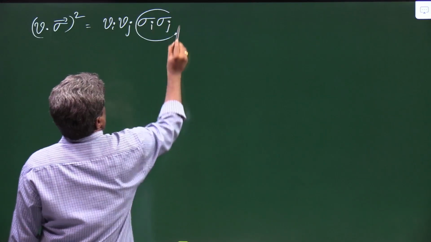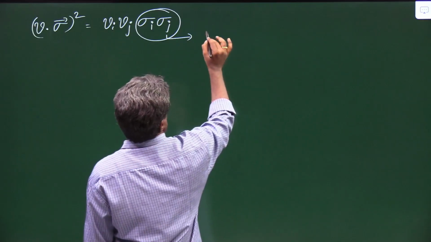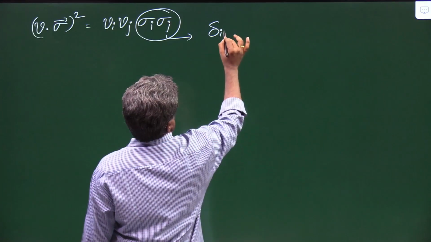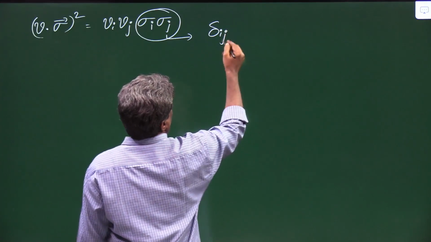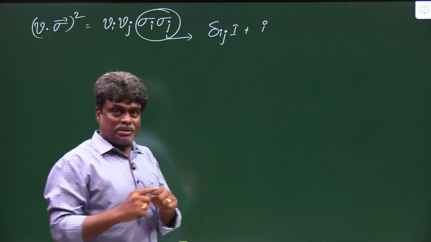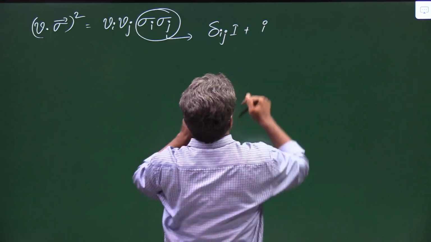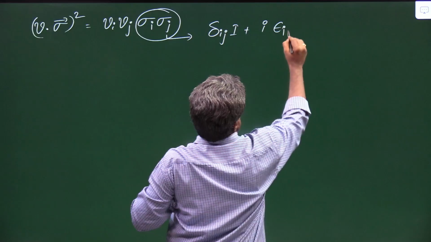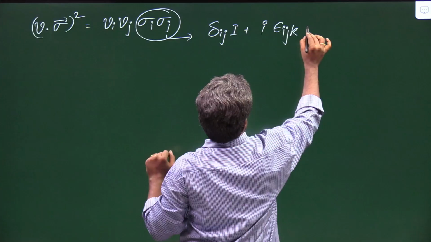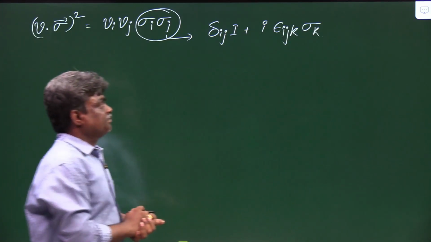Now this product, we already got: σ_i σ_j equals δ_ij I plus iota ε_ijk σ_k. Don't be confused between this i and this iota: this is the index and this is the iota. Here, this i and this i are both the same, be careful. That's good.